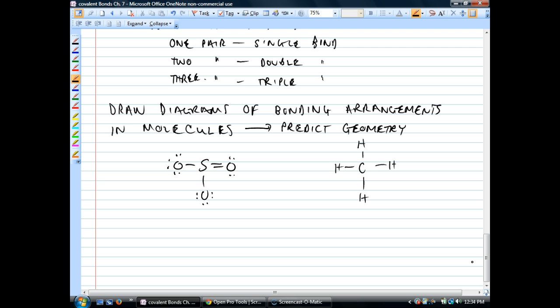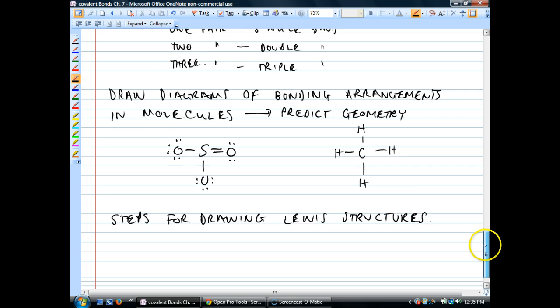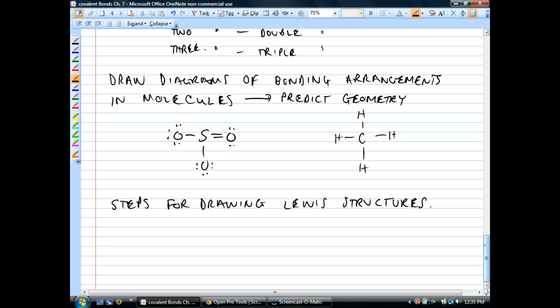Now, it's pretty simple how to do this. There are a series of steps that you should adhere to, and you have to follow these religiously. It's kind of like balancing redox equations.